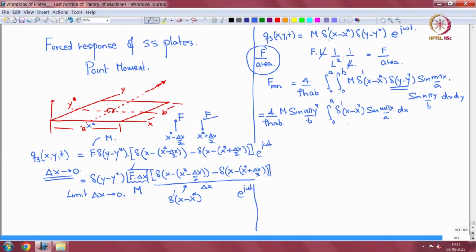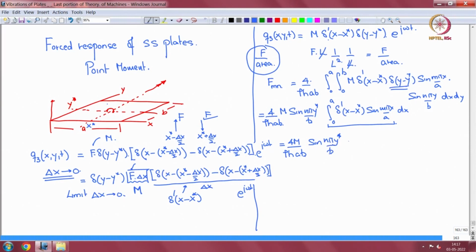Now we will use the product rule. So that ends up as 4 M by rho h a b sine n pi y star by b.